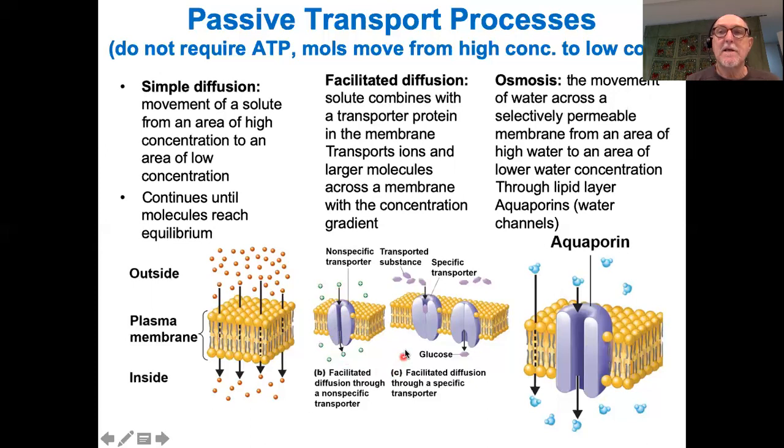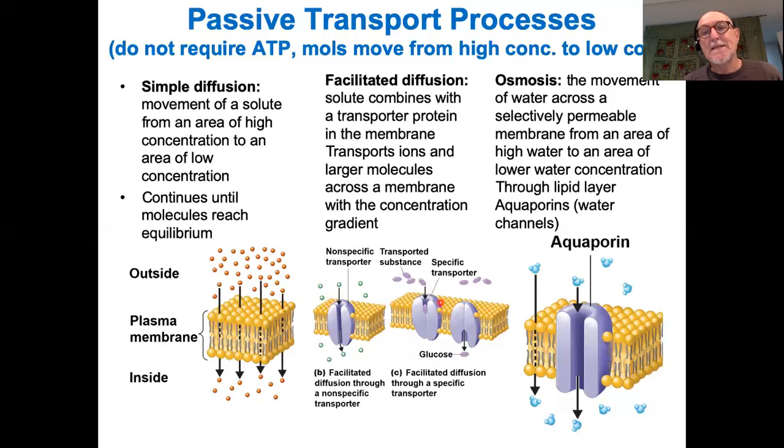But in others, there is actually an active, not an active process. Active has a specific meaning that I'll talk about in a second. But they will actually grab onto the substance and push it across. And this is called facilitated diffusion. So these are facilitated diffusive processes.